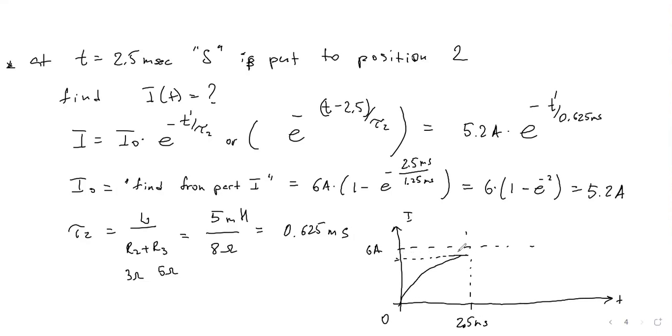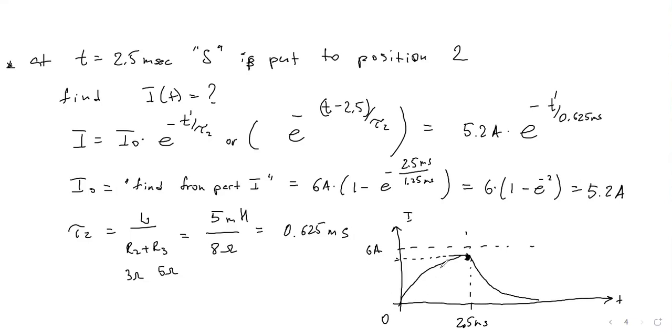Which is not 6, but it's close enough to 6 ampere. At this moment, you do not continue the charging process. You change the position of the switch and you start discharging. So T prime would be calculated from this point, from 2.5 milliseconds and further.